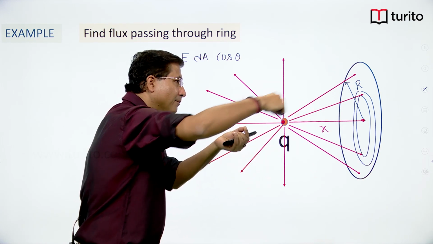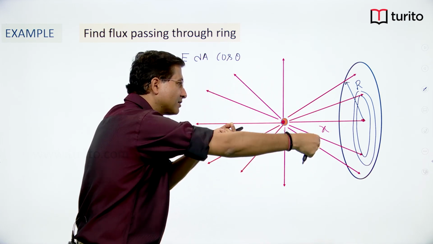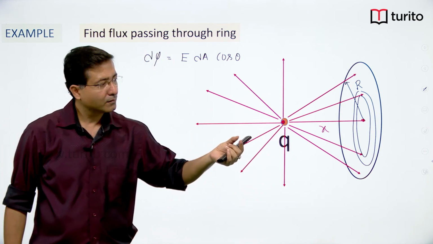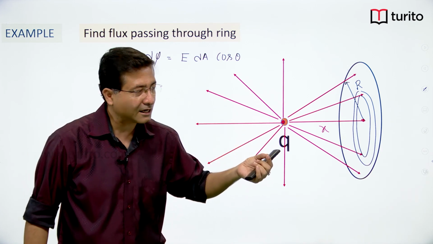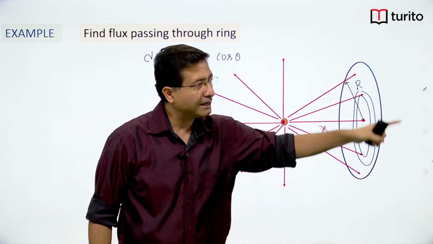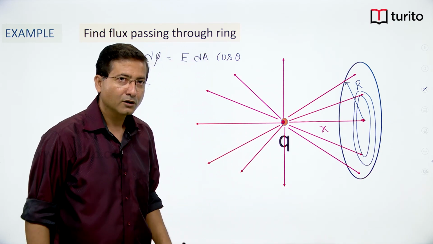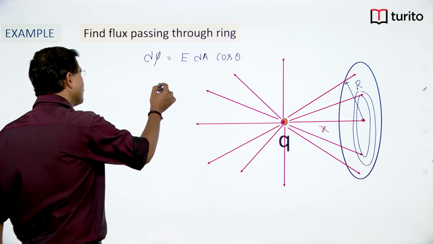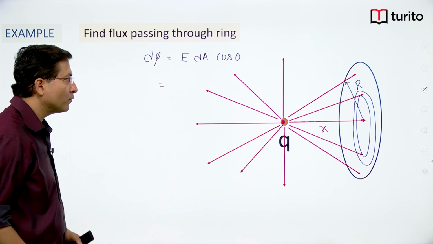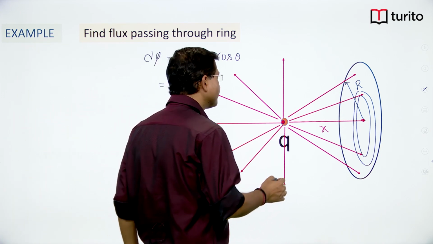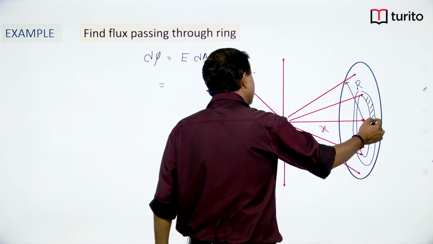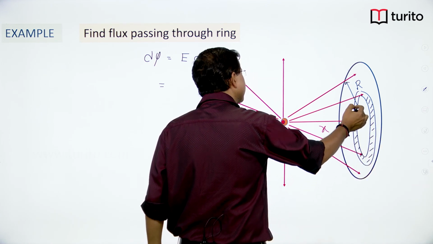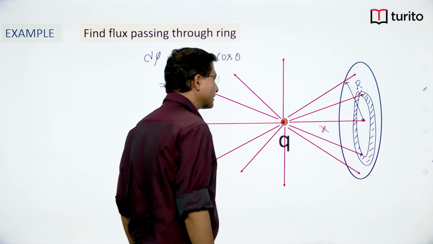So, every point on the ring will be at the same distance from the charge, and the intensity of the field produced by the charge will be the same if I take the element like this, right. So, now I can easily write, so out of all the elements which are available, I found this element is more convenient to get the flux associated.